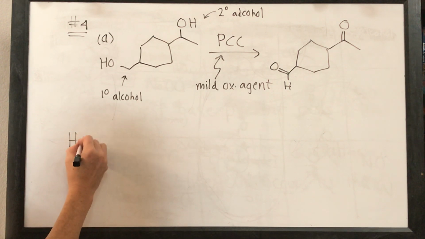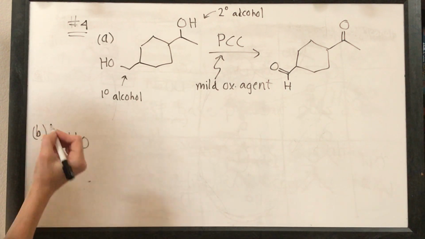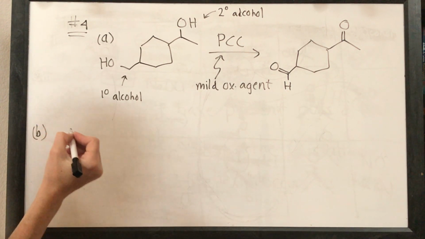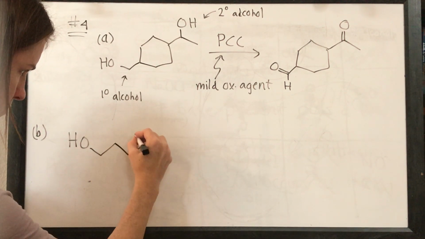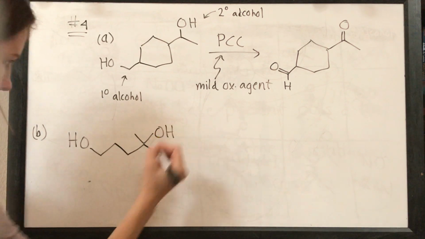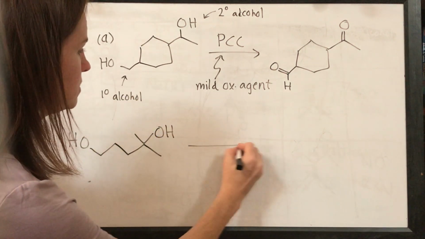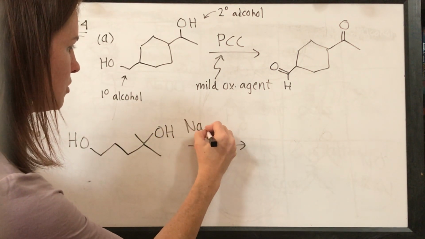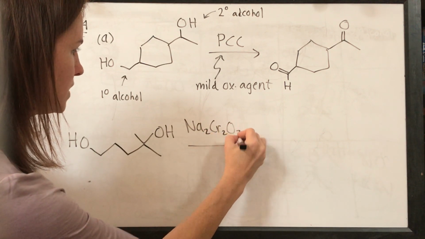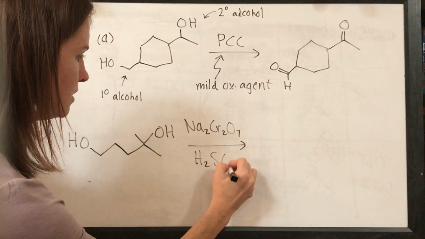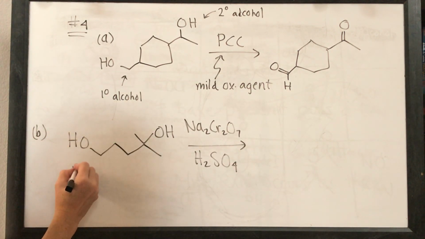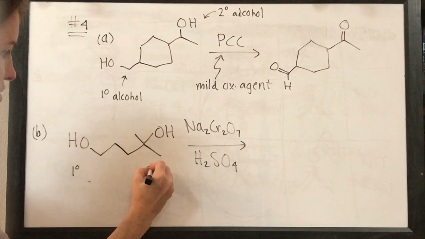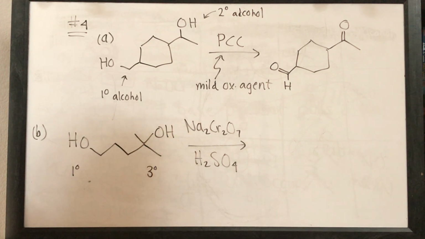In my second example, in letter B, we're using a combination of sodium dichromate, Na2Cr2O7, and sulfuric acid. That's how we make chromic acid. I have a primary alcohol on this side, and I have a tertiary alcohol over here.